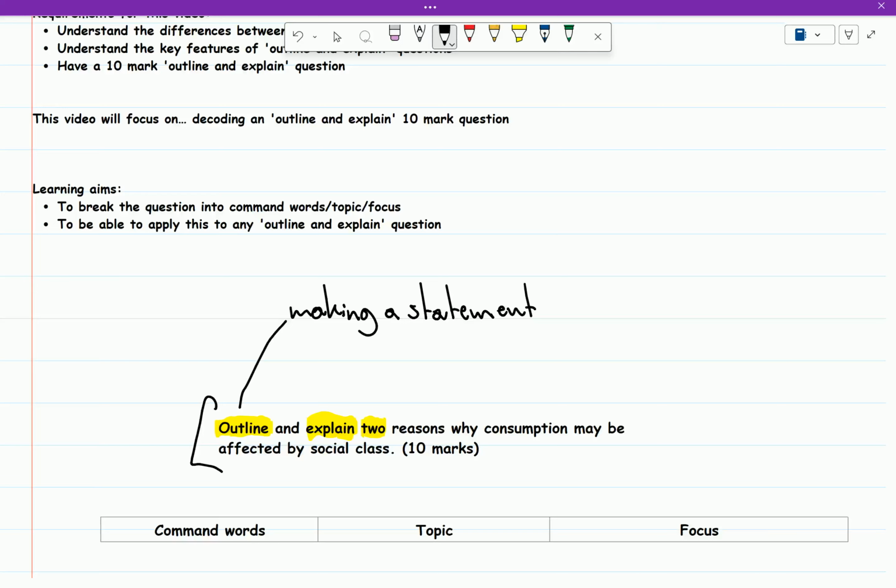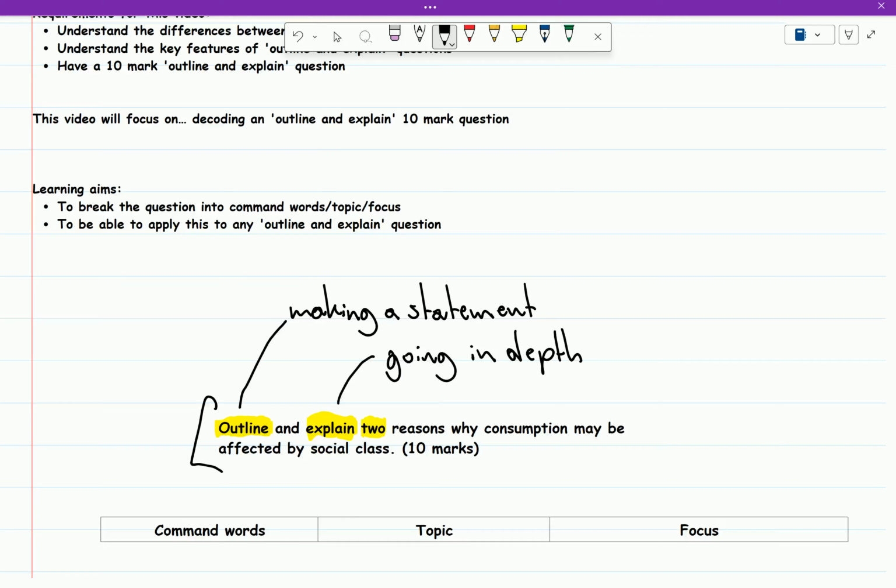And explain is following on that statement or explaining that statement. Well, I can't use the word explain because that's what it's telling us to do. Going in depth. So you make a statement about a point and then you spend the next however many sentences going in depth.